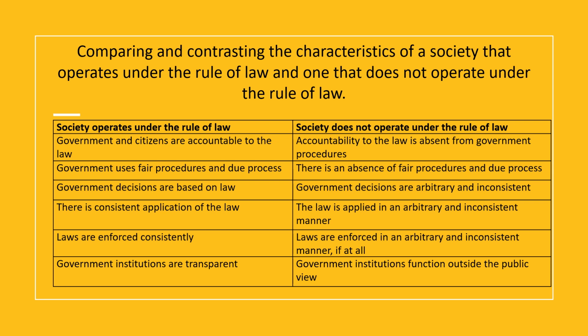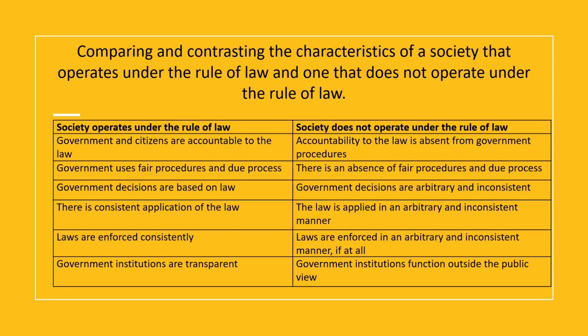You might have one person who commits theft of some kind, for example, and another person who also commits theft. One of them is held accountable and one of them is not. If you and I, for example, are required to pay taxes, and some of us pay taxes and some of us do not, but the ones who do not are not held accountable.